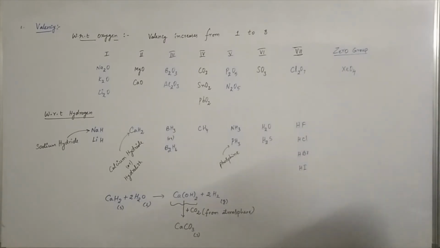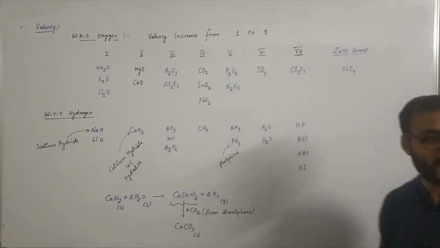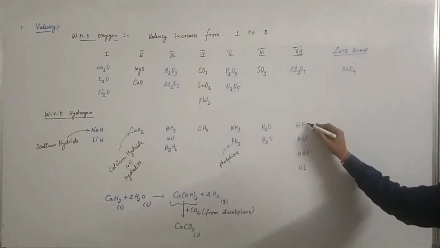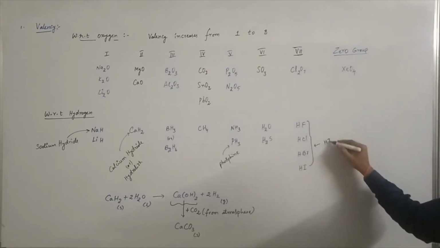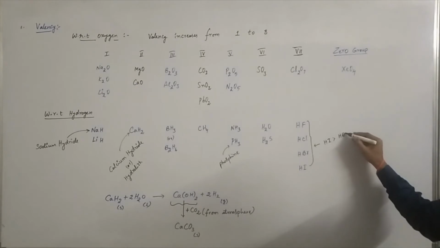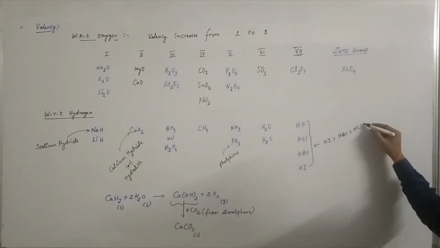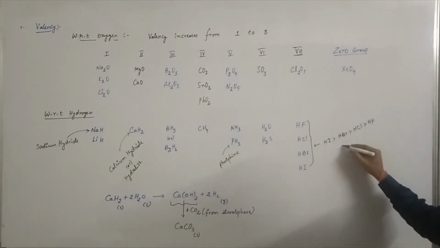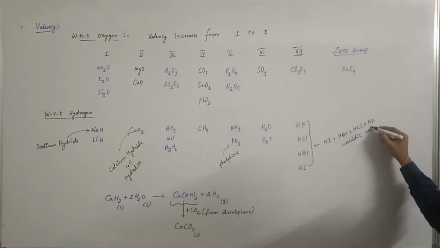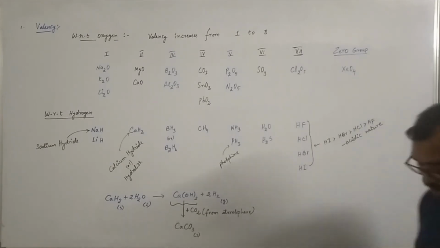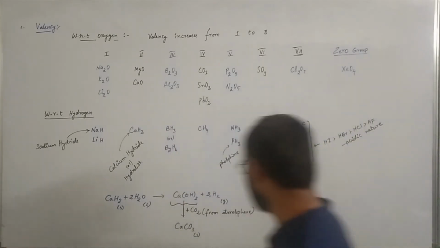Now, which is the strong acid among them? HI is a stronger acid than HBr, than HCl, than HF. Acidic nature: HI is strong acid. The reason?